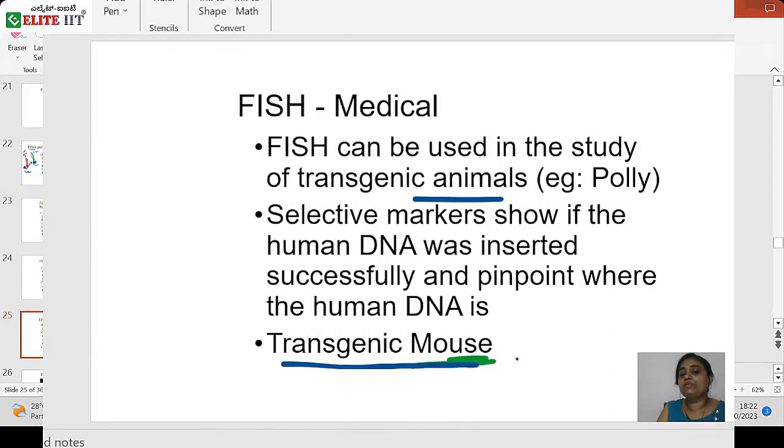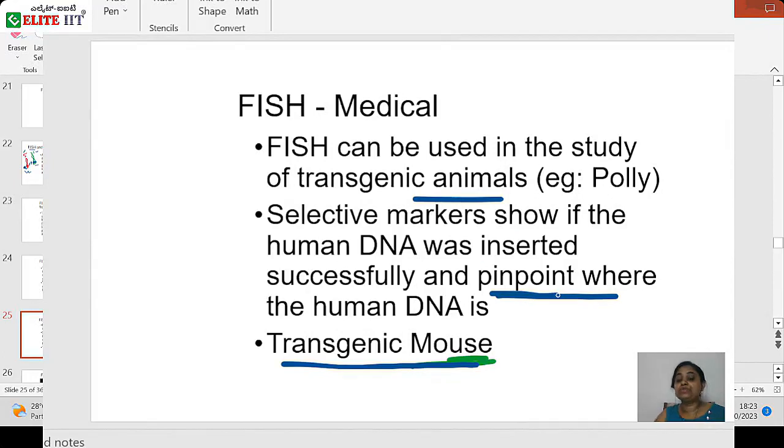So for a recombinant mouse, you can identify whether the human gene is inserted in the mouse or not. The selective markers show if the human DNA was inserted successfully and pinpoint where the human DNA is. So that is the importance of the hybridization FISH method.